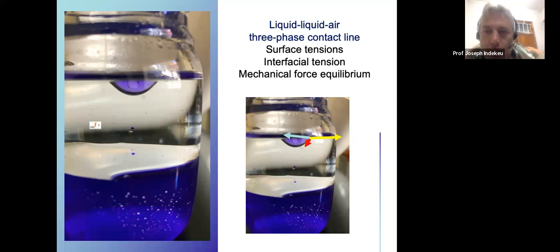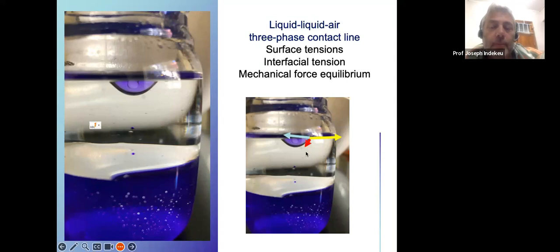For example, the yellow one represents the interfacial tension between the cyclohexane phase and air, and it's pulling the contact line sideways. So does also the one in light blue, which is due to the interfacial tension between the methanol-rich phase and air.